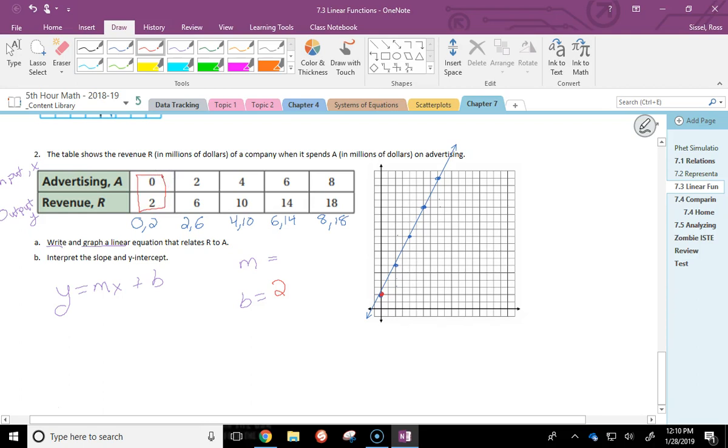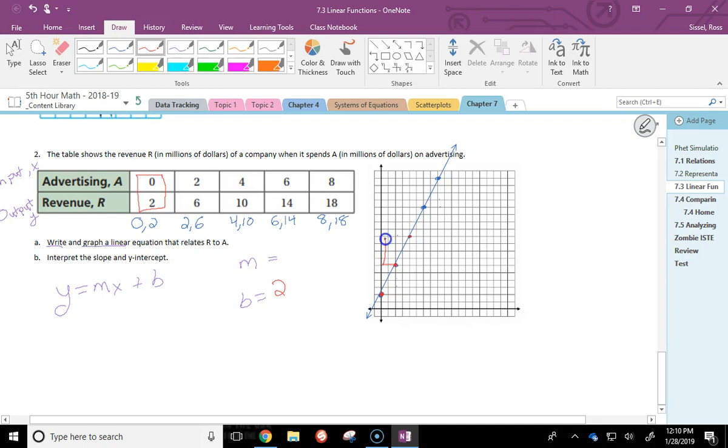What is my slope? What would be my slope? Well, we look between, let's say, these 2 points.